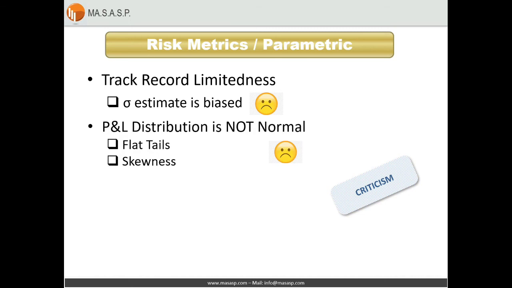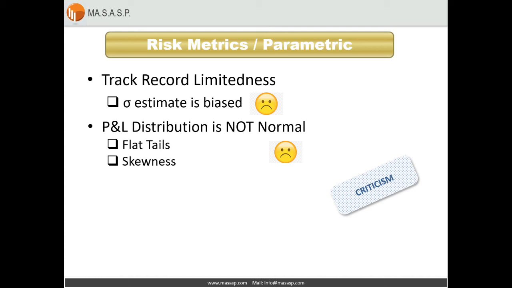Secondly, the normality assumption for the profit and loss distribution is a wrong assumption. We have seen in lesson 1 that trading systems deliver profit and loss distributions that heavily depart from normality.